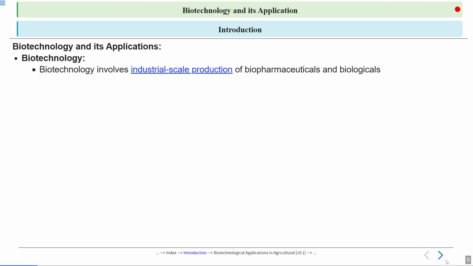Next point: does this production utilize genetically modified microbes, fungi, and animals? As we have studied in the last chapter, genetically modified means organisms whose genetic material has been altered, which can be used to produce biopharmaceutical or biological products on a very large, industrial scale. For example, we can use E. coli for insulin production, which we are going to study ahead in this chapter.